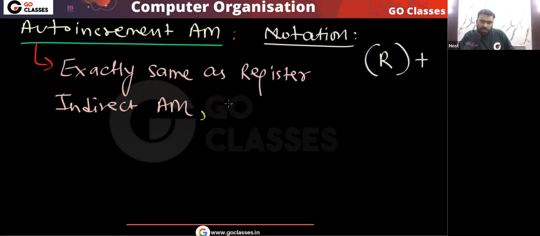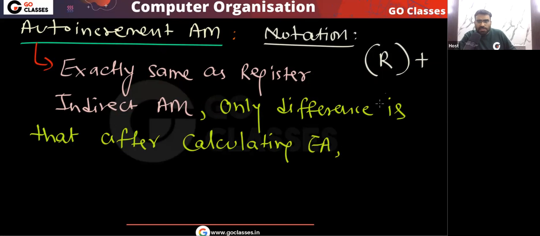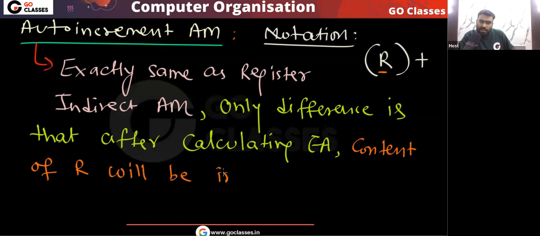The only difference is that after calculating the effective address, this R will be incremented. The content of R will be incremented.